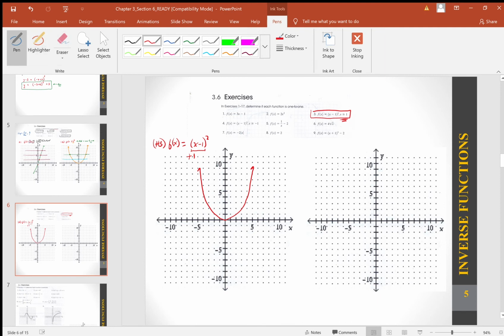So it shifts over by 1 like that. Okay. But we only want values greater than 1. So this would disappear right there.